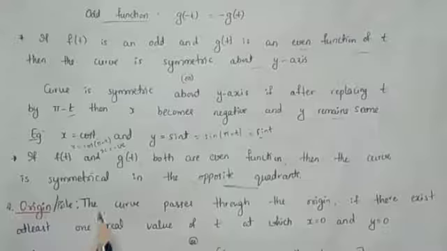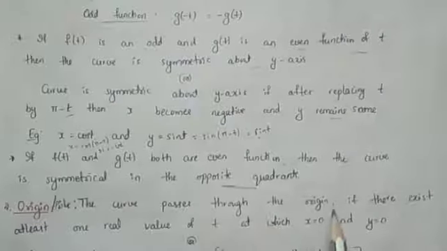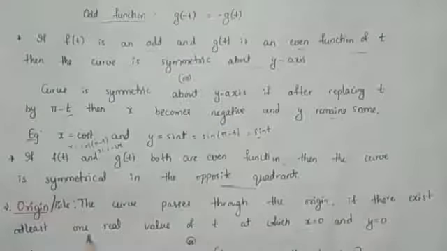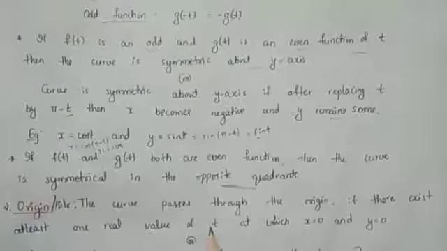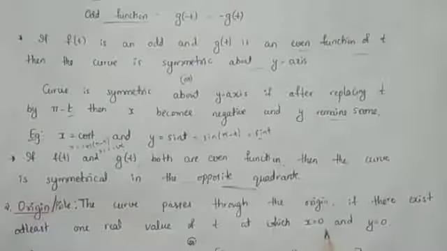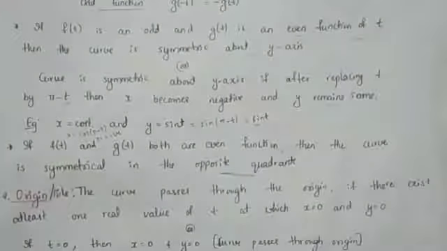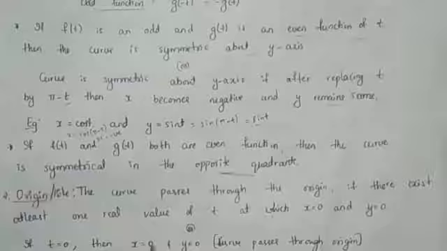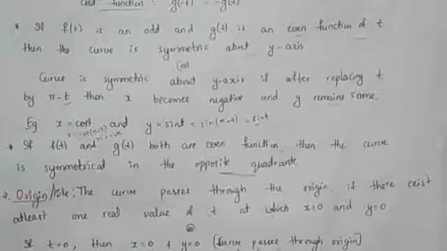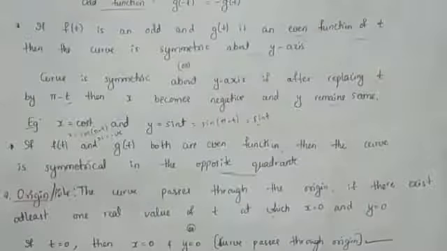The curve passes through the origin if there exists at least one real value of t at which x is equal to 0 and y is equal to 0. That means if t is equal to 0, then x is equal to 0 and y is equal to 0. Therefore, the curve passes through the origin.